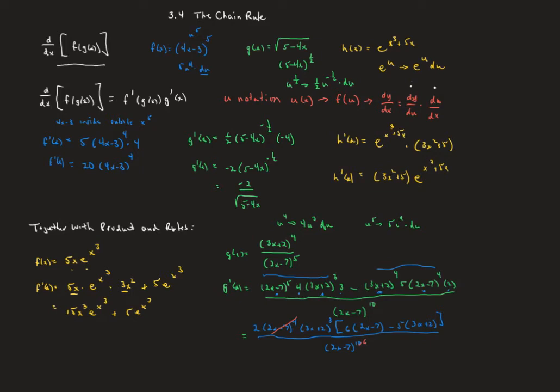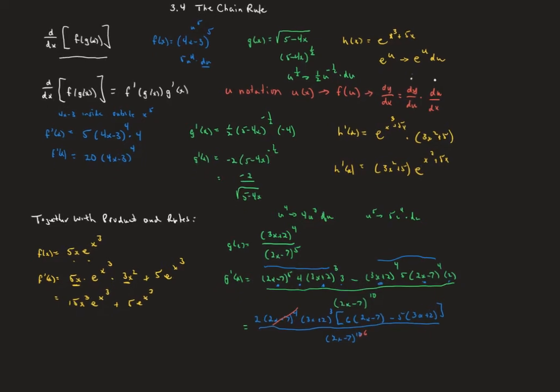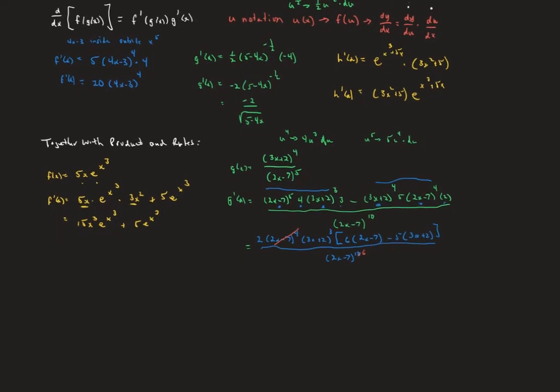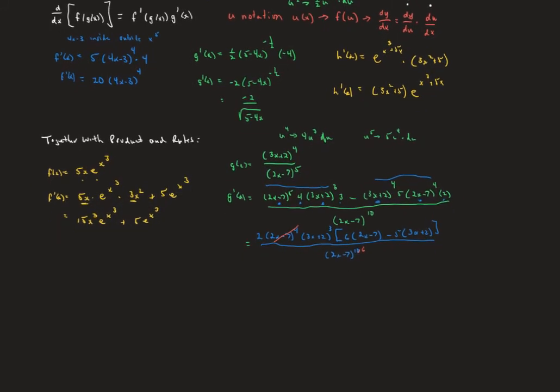And I hate to go to a new panel, but I think I can just move this up. Oh, look at that. I can create more space. That was pretty cool. So now what we have is we still have this 2. We have that (3x plus 2) to the third. Now we're going to clean up inside those brackets. And it's all going to be over the (2x minus 7) to the sixth that remains.